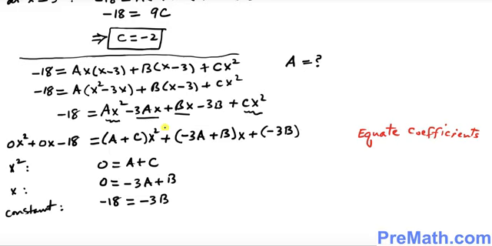From these equations, if you look at this equation, a could be written as negative c, and we know that c is negative 2. So I can write a equals negative of negative 2. So a turns out to be positive 2.